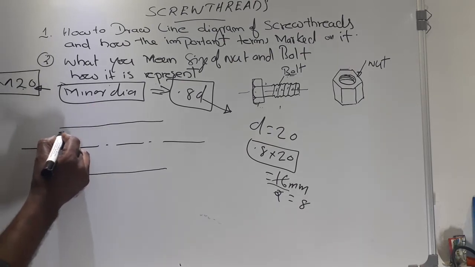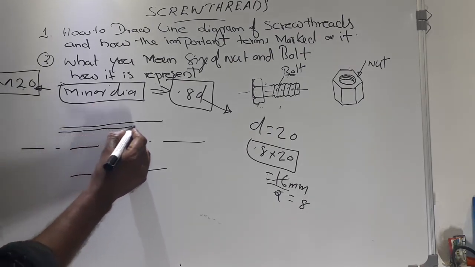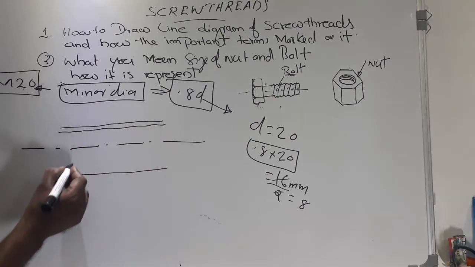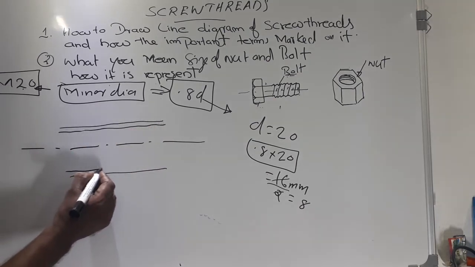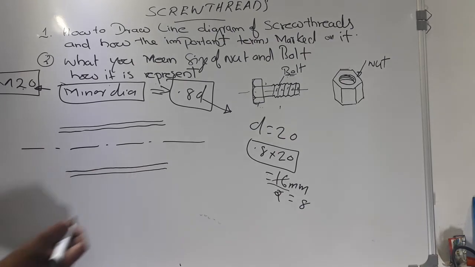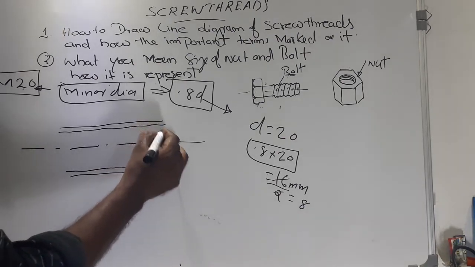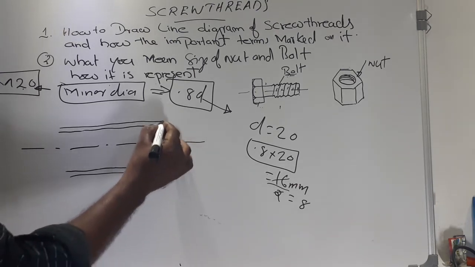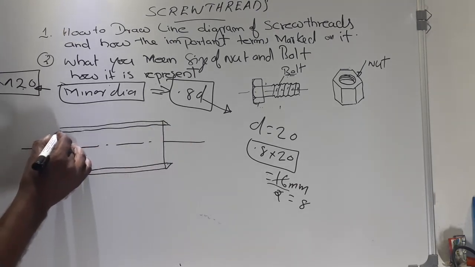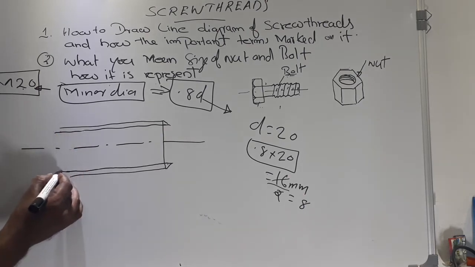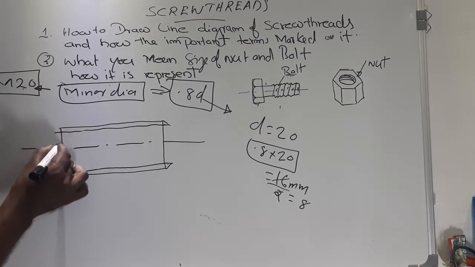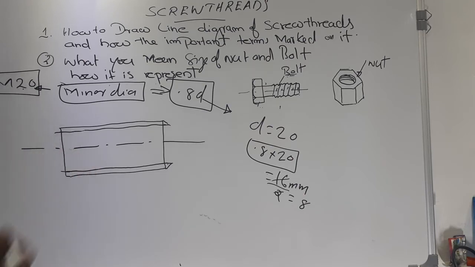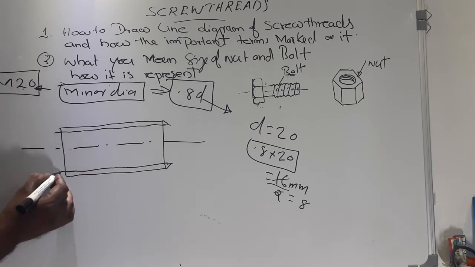Now draw another line that is represented by the minor diameter. Now extend some more distance. Now joining the end surface. Similarly, extend the inner diameter some extent. Now joining this end.